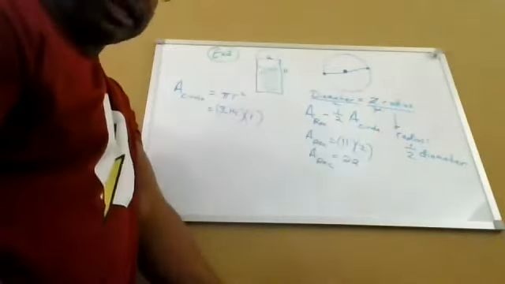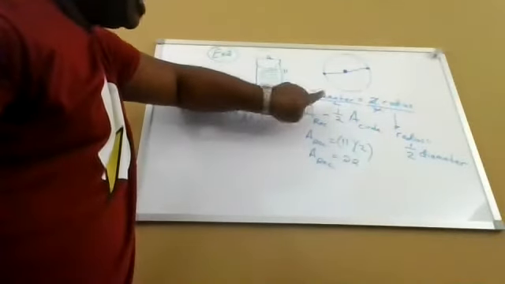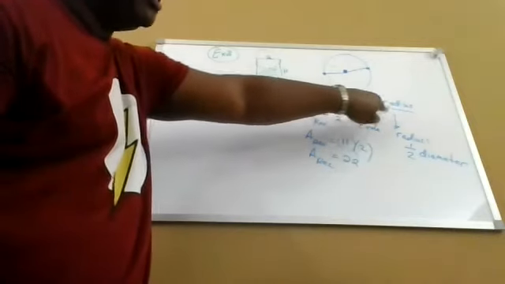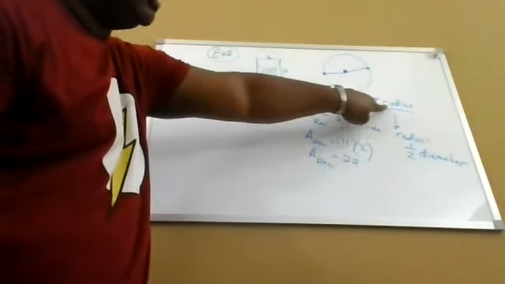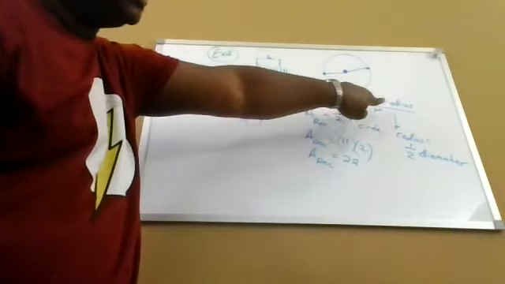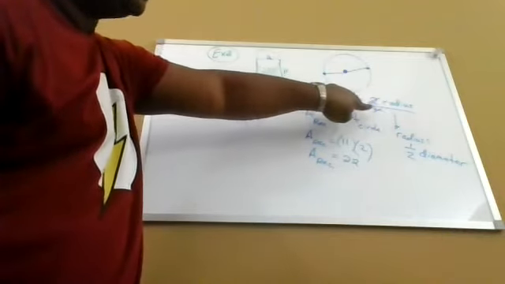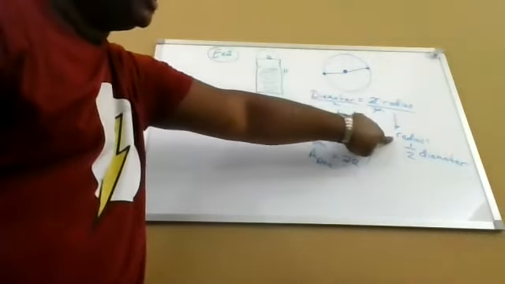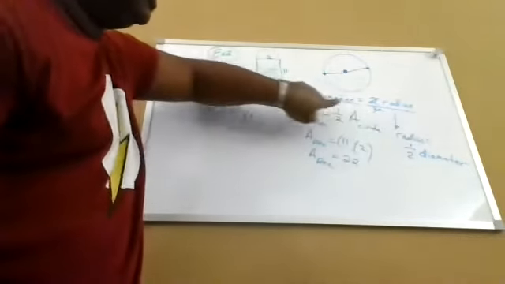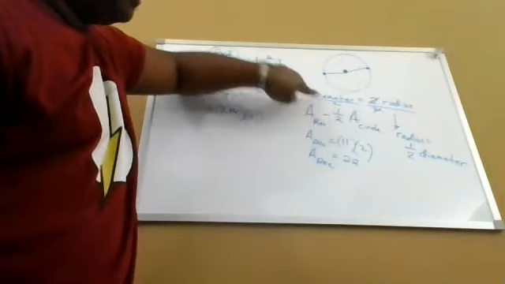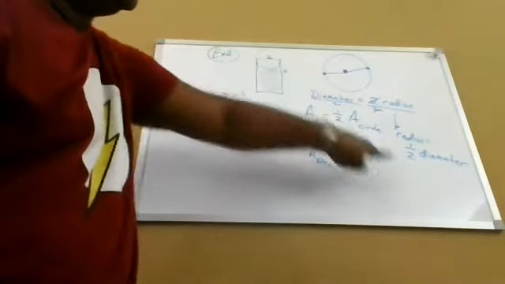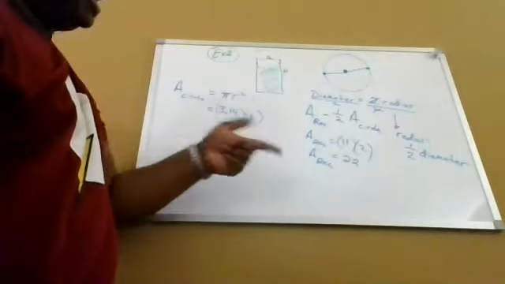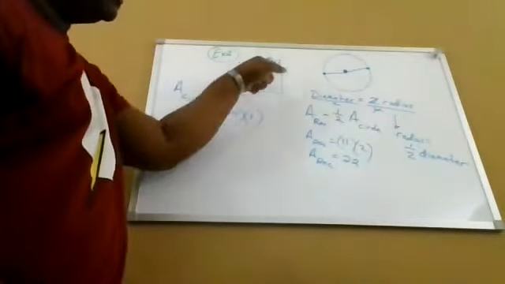Okay, just to say this part again, my diameter equals twice my radius. So if I want to get radius by itself in this equation, I can divide both sides by 2, and that leaves me just radius equals 1/2 times the diameter. In this case, I know that my diameter equals 2.